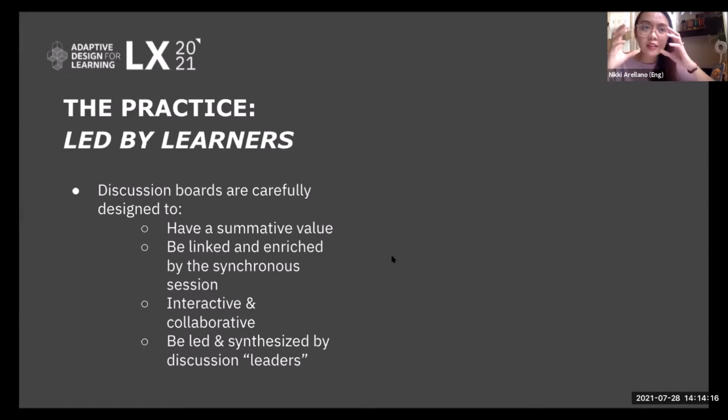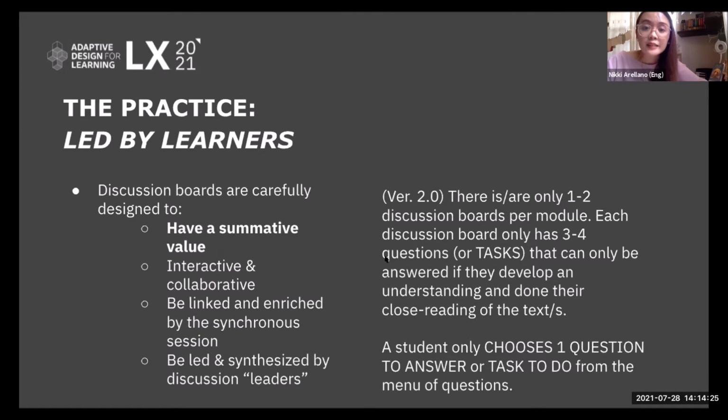So when I was thinking of a way to engage the students in the discussion boards and in the synchronous sessions, I put version 2.0 here because I changed this approach several times, mid-quarter, and then in the next quarter I would change it again. But in the more refined version, there would only be 1 to 2 discussion boards per module, and the discussion boards only have 3 to 4 questions or tasks.